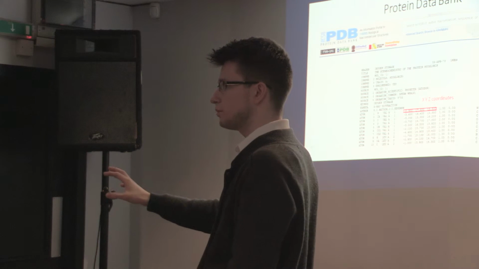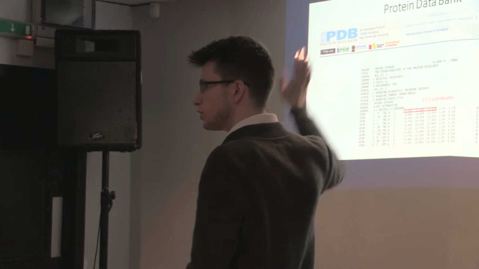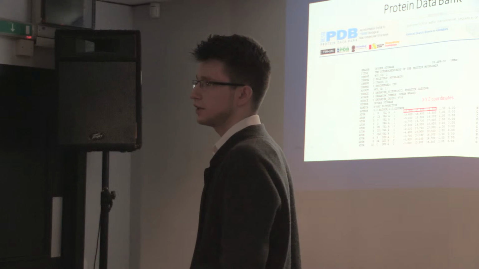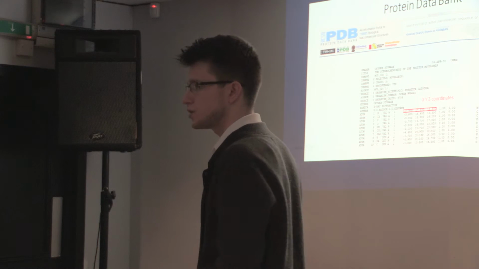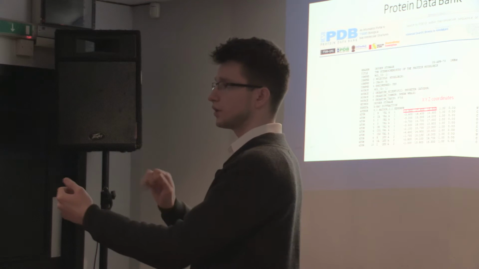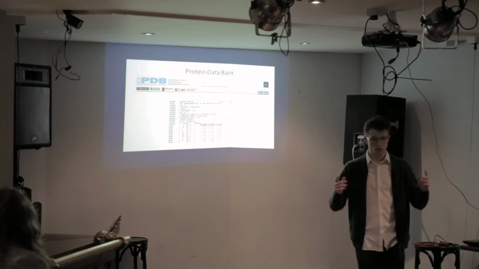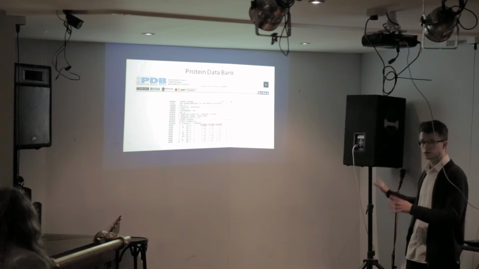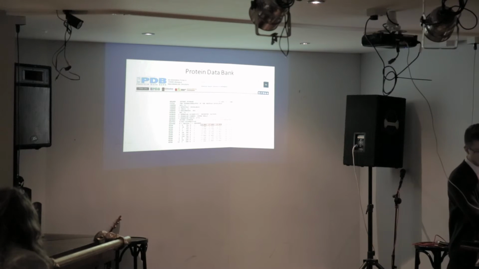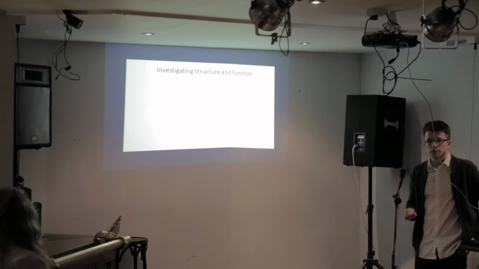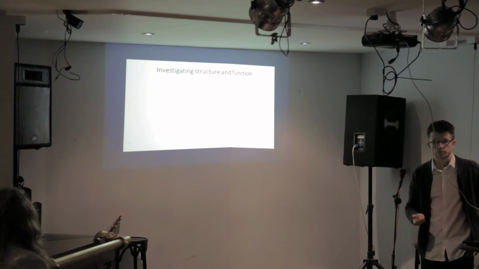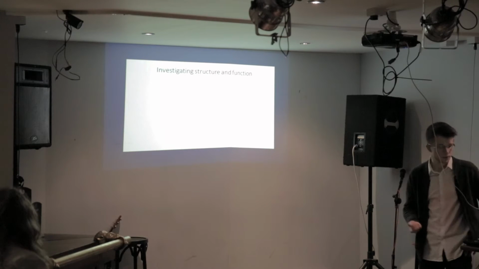So the software takes all these coordinates for all the thousands and thousands of atoms and just plots them on your computer. And you can start moving it, zooming it out, rendering, changing colors, creating different structures to your liking. So this gives you the power to do some fundamental research in biochemistry.